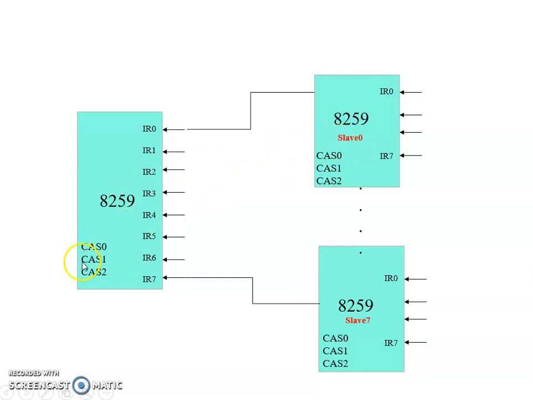When CAS0, CAS1, CAS2 is 111, that identification number matches with slave 7, so this 8259 will acknowledge this slave. So for the master PIC, CAS0, CAS1 and CAS2 are the output lines, and for slave PICs, they are the input lines.